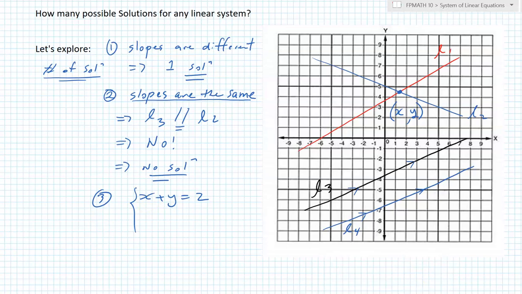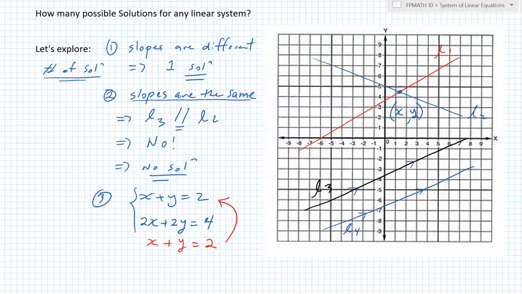Let's suppose that we multiply the first line by 2. Here it is. Well, when you do the math for the second line, notice that everything is multiplied. I can divide everything by 2. And if I do that, I get x plus y equals 2, which is the same as the first. So the two lines are actually the same.